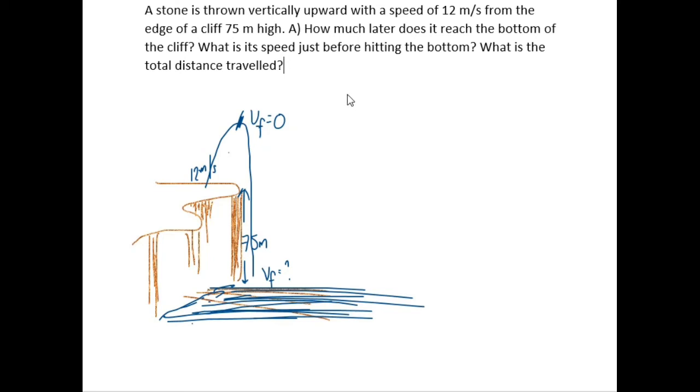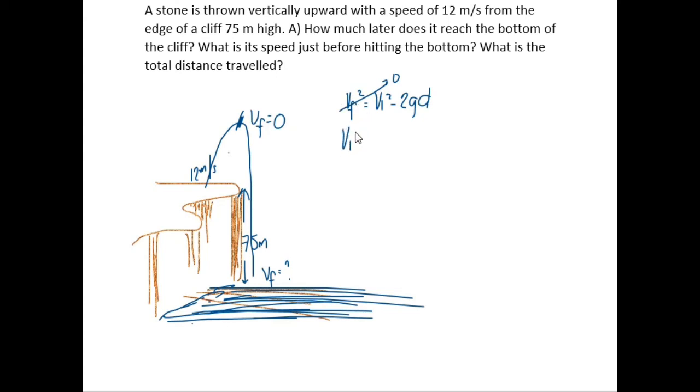So we can have Vf squared equals Vi squared minus 2gd. Here, the final velocity is equal to 0. So I can move this to the other side: I add plus 2gd, and it becomes positive.